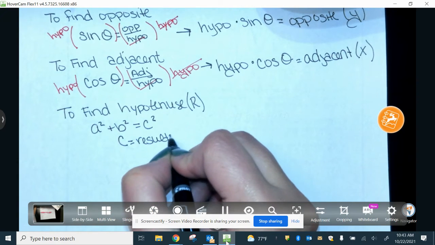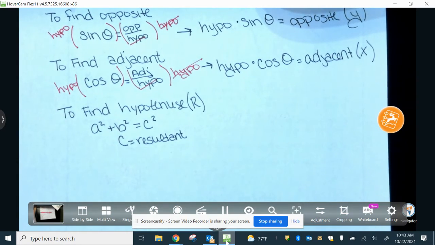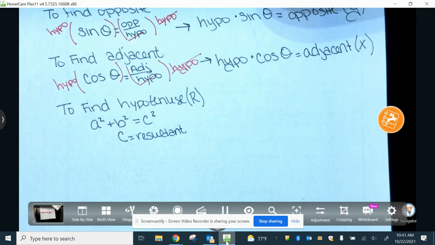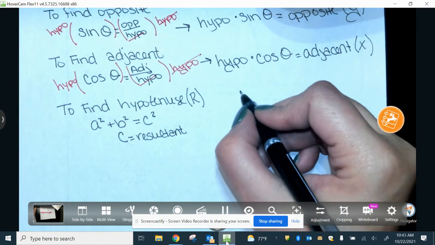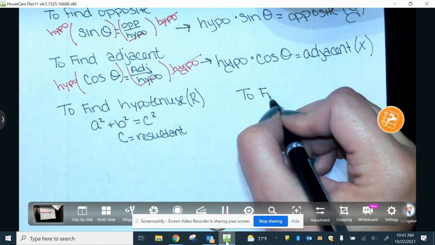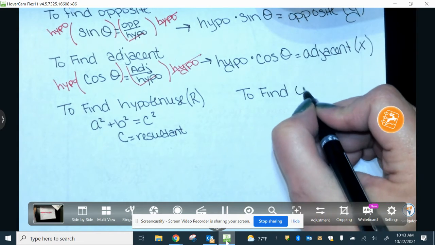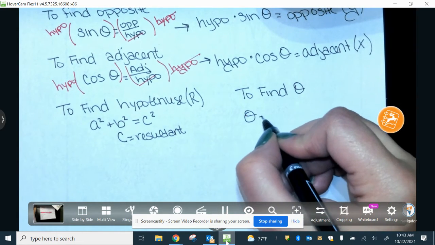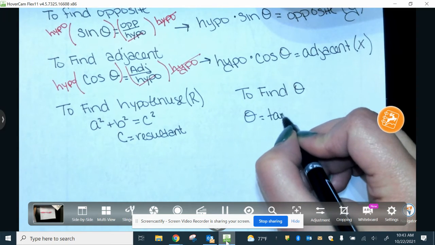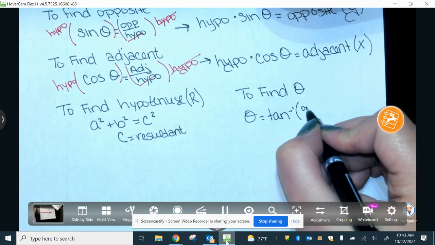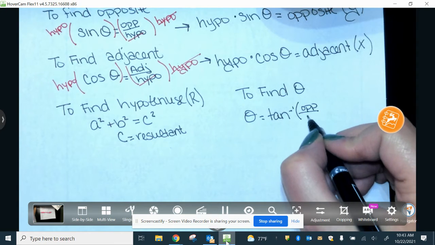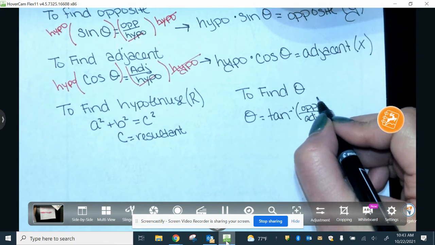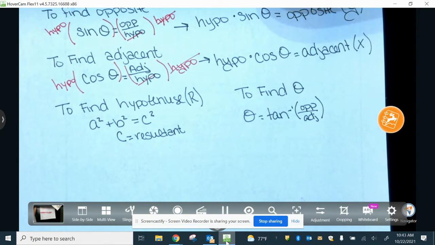C is equal to that hypotenuse or that resultant. And to find theta, theta is equal to the inverse tangent of opposite over adjacent, which is just me manipulating that part of the SOHCAHTOA.